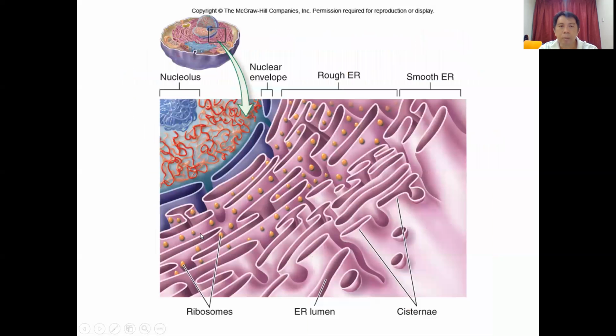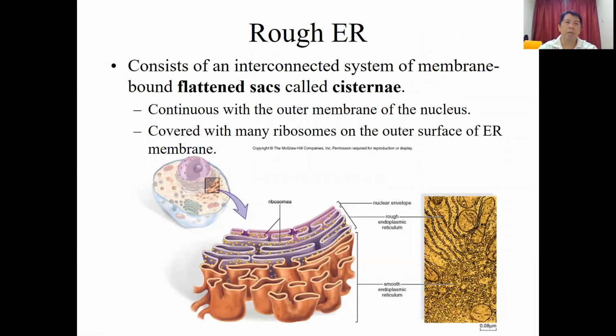As you see here, this is the nuclear envelope, and the outer membrane here is interconnected with the ER. In rough ER, ribosomes are attached to the membrane, whereas in smooth ER, there are no ribosomes attached to the membrane. Rough ER consists of an interconnected system of membrane-bound flattened sacs called cisternae.